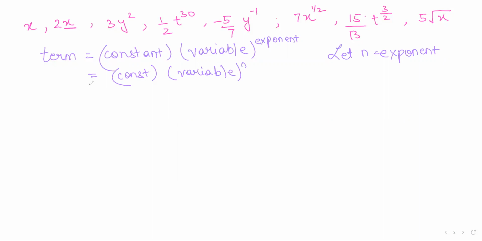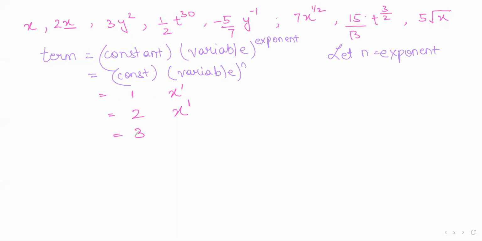Comparing this particular formula of a term with each of these values, for the first value, your constant is equal to 1, your variable is x, and your n is 1. Here, your constant is 2, the variable is x to the power 1. Here n holds the power of the variable.